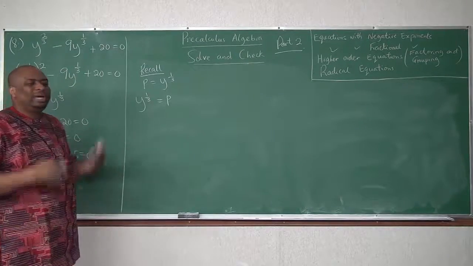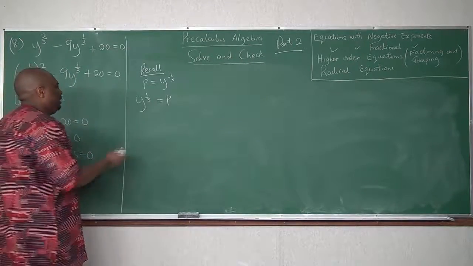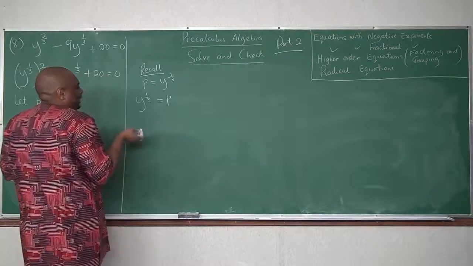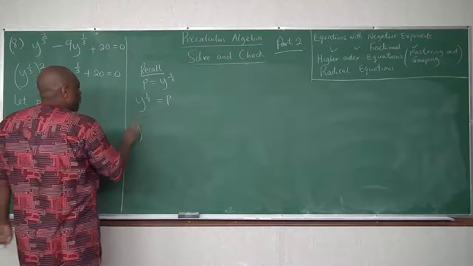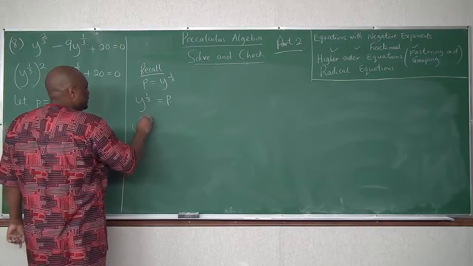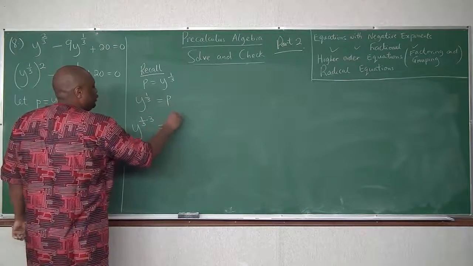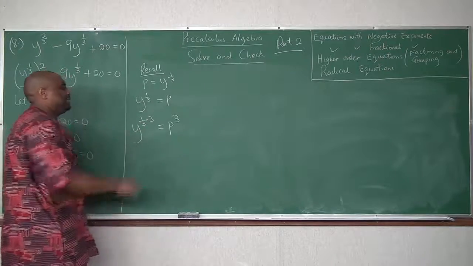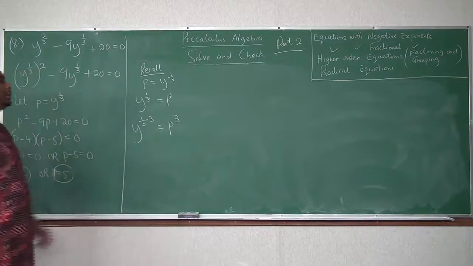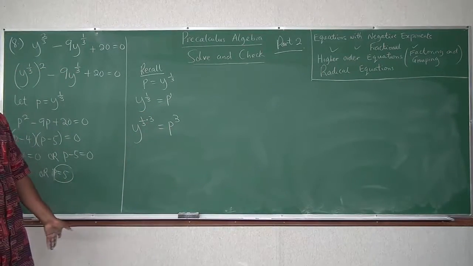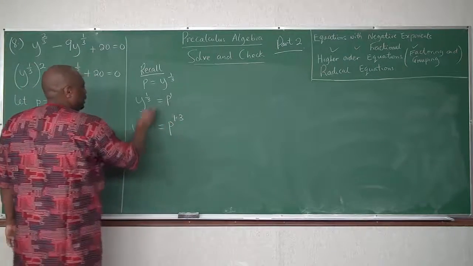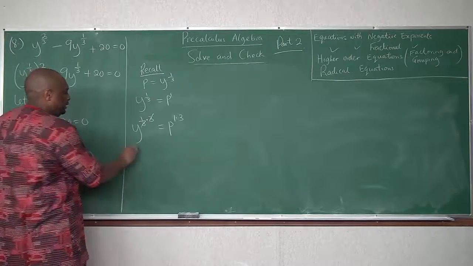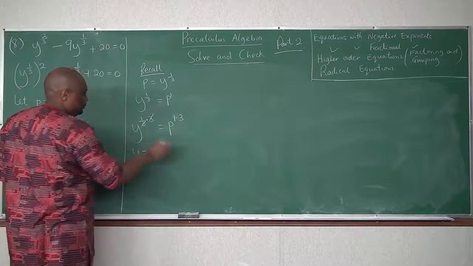To find y, multiply both exponents by 3. y to the 1 over 3 times 3 equals p cubed, because it's like p to the 1 times 3. So y is equal to p cubed.